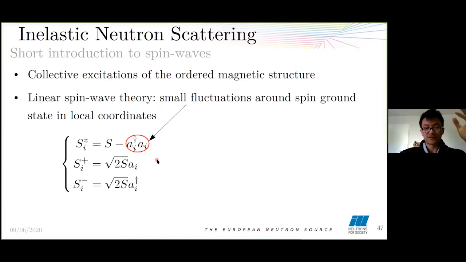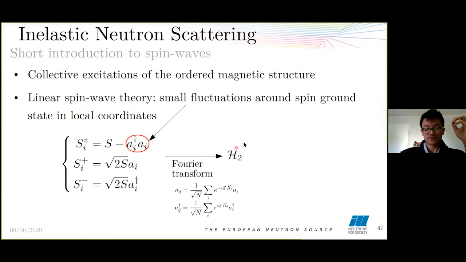If you take the Heisenberg Hamiltonian and make a Fourier transform, you get the second order terms in terms of bosonic operators.